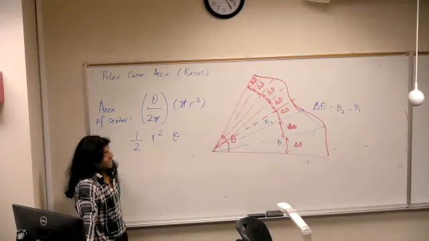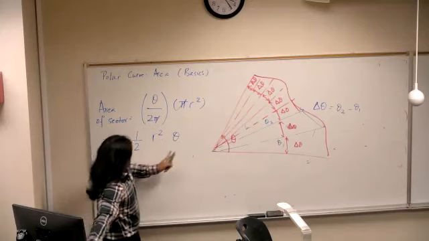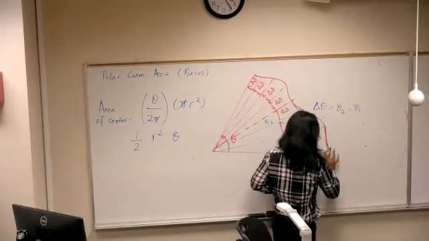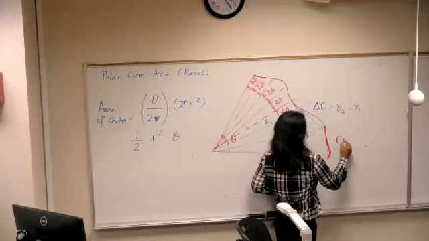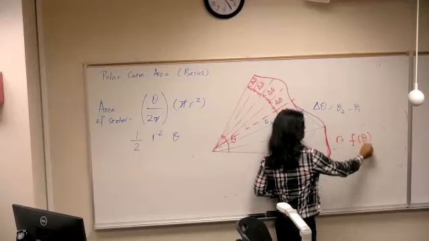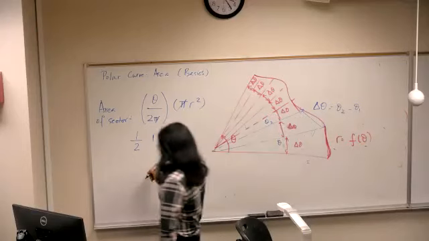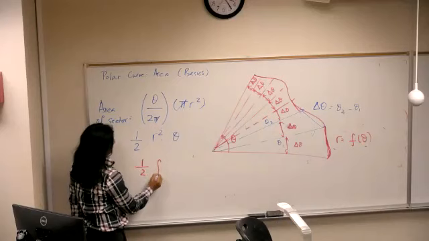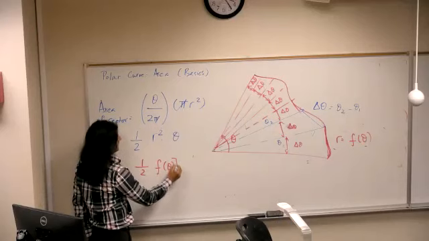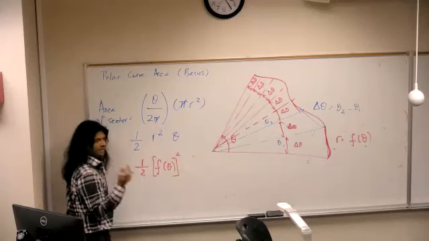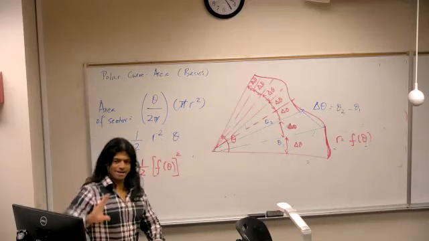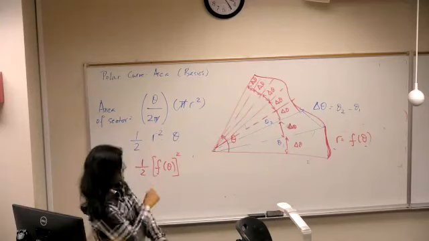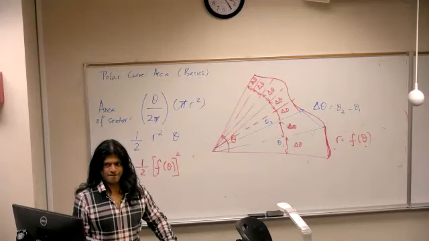Good. I know if R is a function of theta, which it is for the curve, R equals f of theta. Area of the sector is 1/2 function of theta squared multiplied by the angle covered by that sector. Yes, which is theta. With me so far?